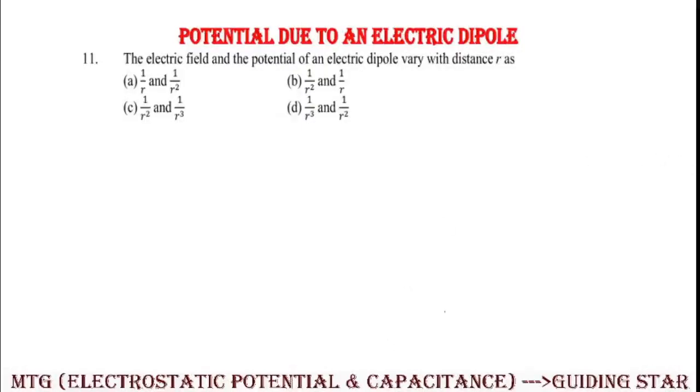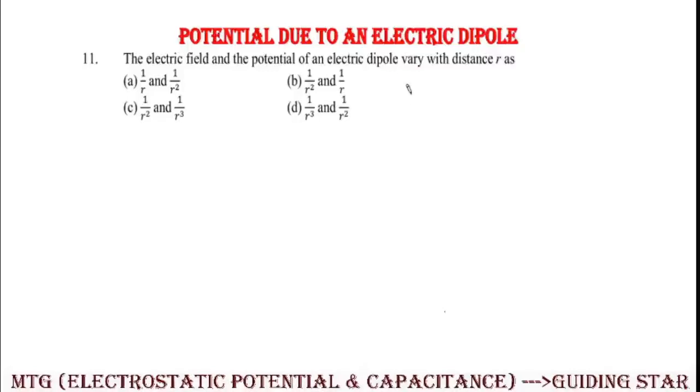Okay, so here in question number 11, electric field and potential of an electric dipole vary with distance r. So electric field and electric potential, how do they vary with distance r?